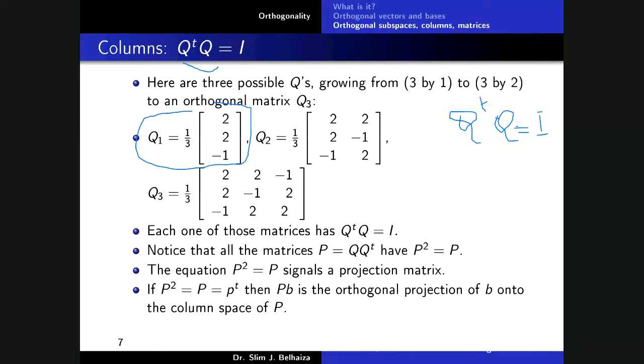And in each one of these matrices, we have Q transpose Q equals I.